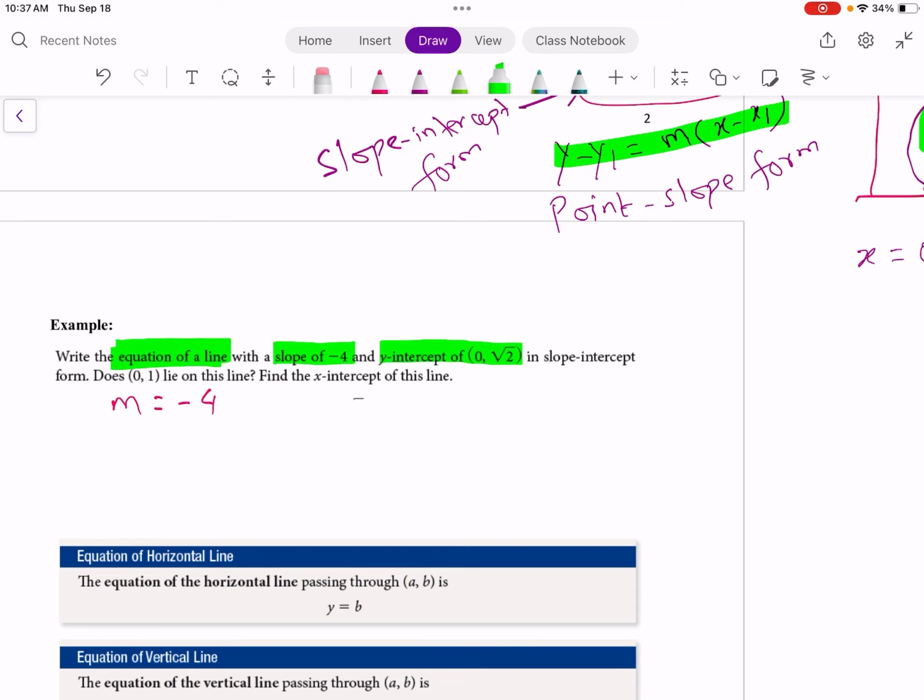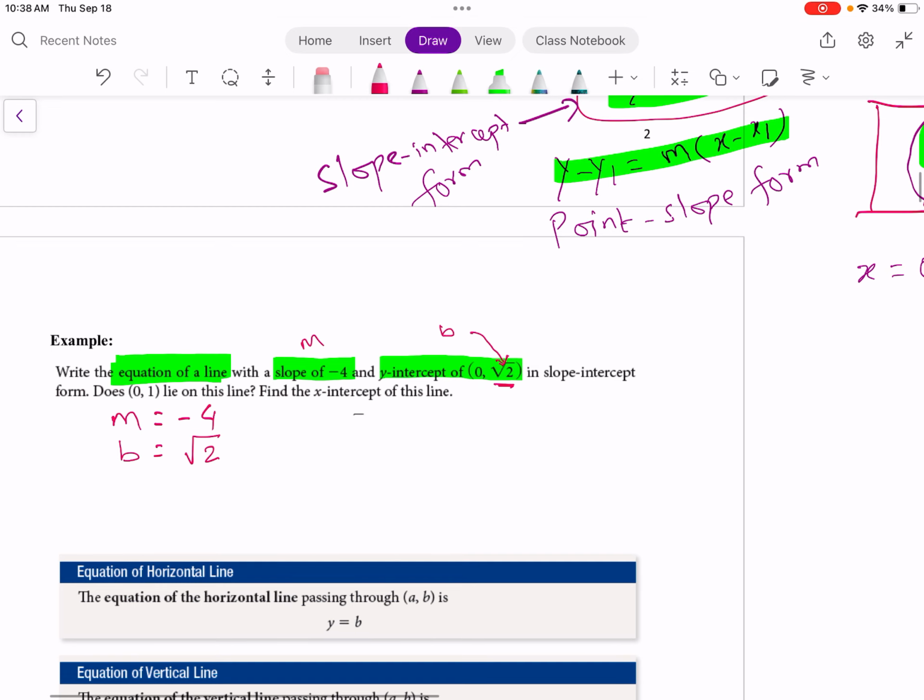How do we represent the y-intercept? We use b. So our b, which is the y-intercept, is square root of 2. This slope is m, the y-intercept is b, and b is the y value, which is square root of 2. And we are asked to find the equation of a line.